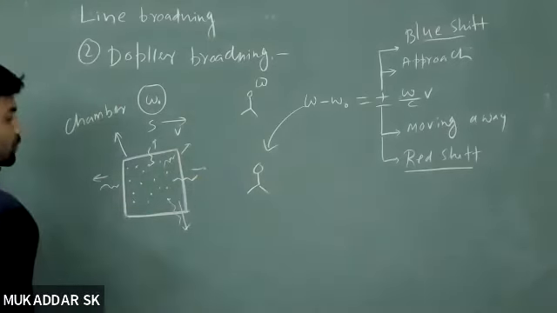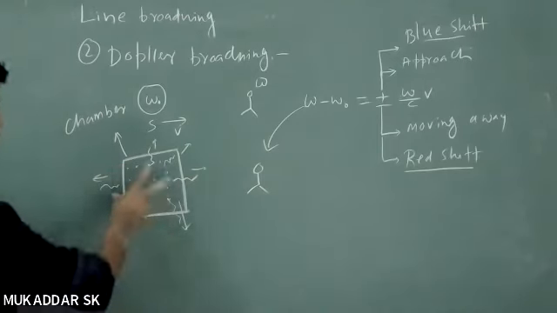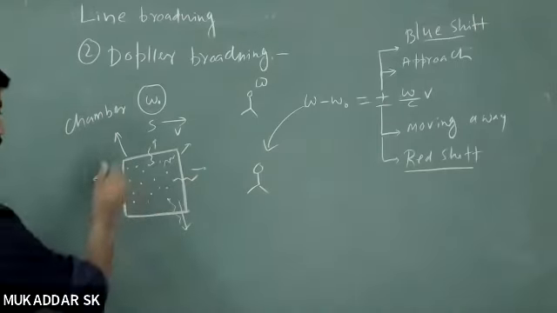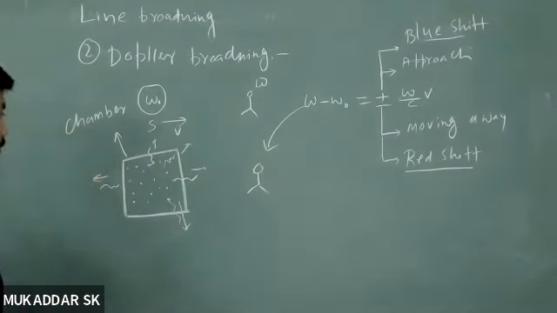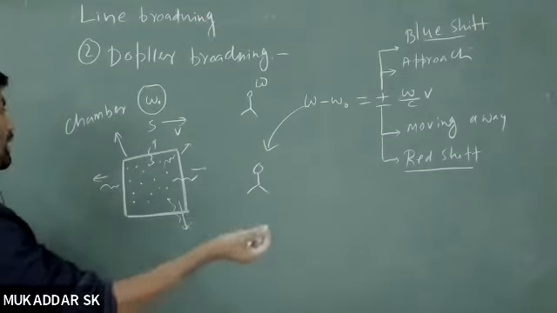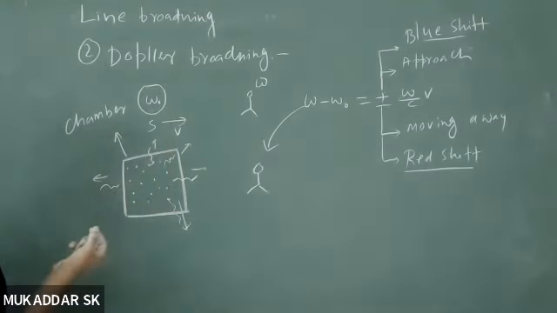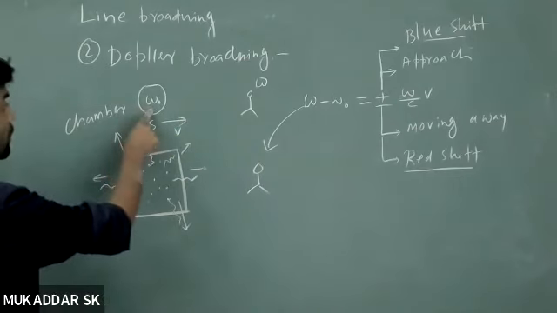So inside the chamber, inside your experimental setup, you have hot atoms. They are not at rest, they are actually moving at very high speed. And since they are hot, their electronic transitions produce that light or that frequency.